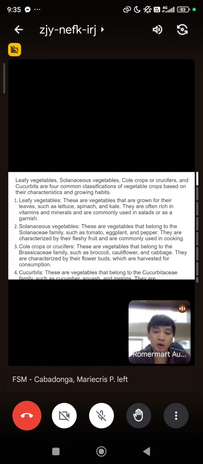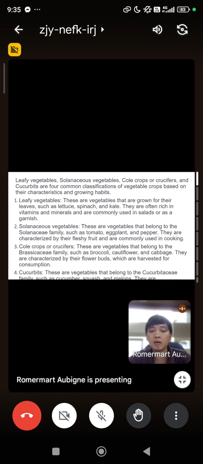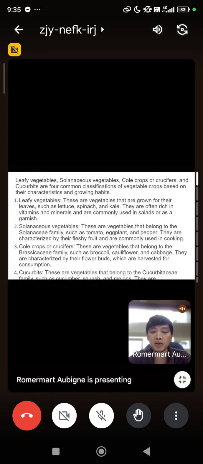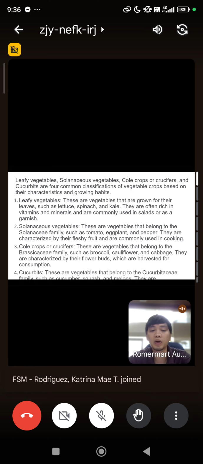So solanaceous vegetables, these are vegetables that belong to the Solanaceae family, such as tomato, eggplant, and pepper. They are characterized by their fleshy fruit and are commonly used in cooking. So the cole crops or crucifers, these are vegetables that belong to the Brassica family, such as broccoli, cauliflower, and cabbage.